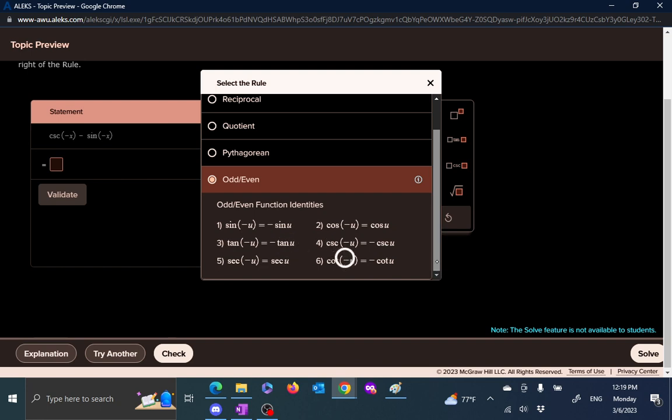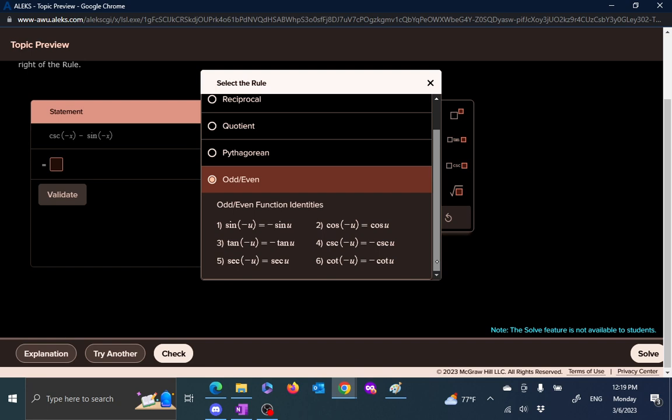The other four trig functions are odd, meaning if I change the input to its negative, the output also changes to its negative. So 2 are even and 4 are odd, and even functions are symmetric with respect to the y-axis, odd functions are symmetric with respect to the origin, and all of those properties.